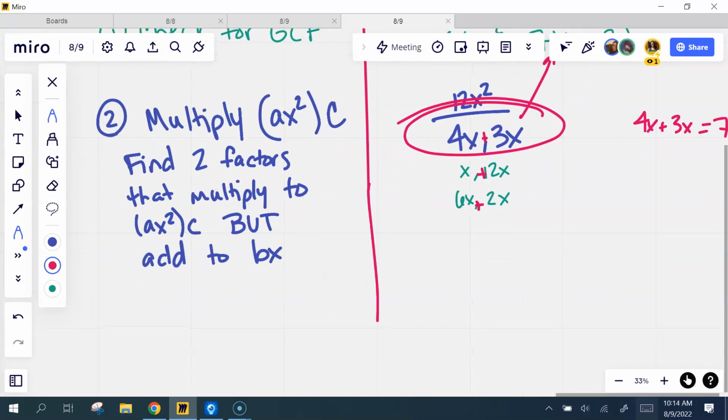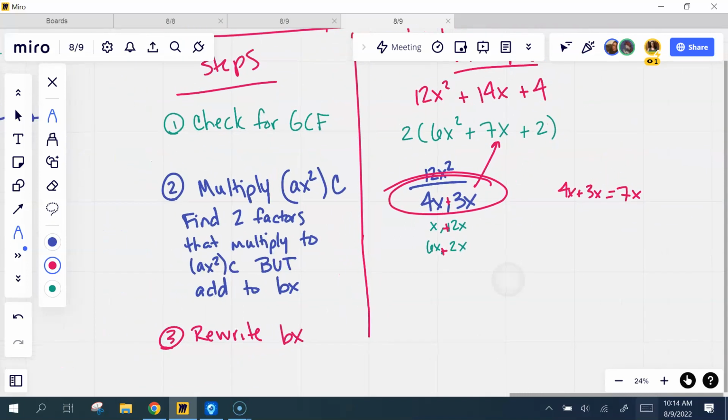So my next step is to rewrite the middle term. So now, instead of 7x, I'm going to write plus 4x plus 3x. That plus 2 is still there. Do we all agree? I haven't changed the value of anything.